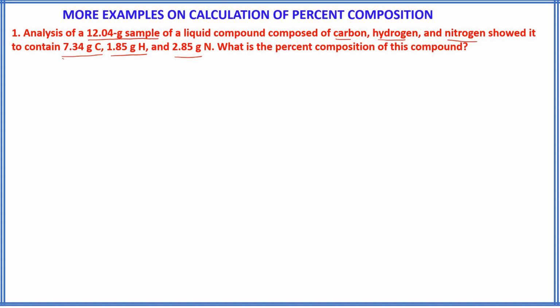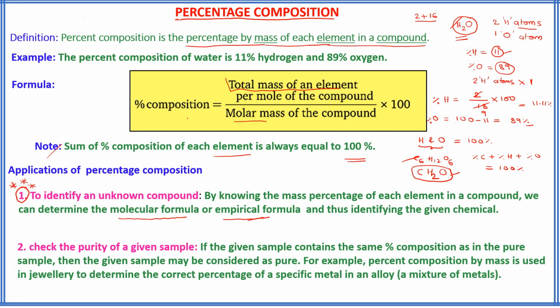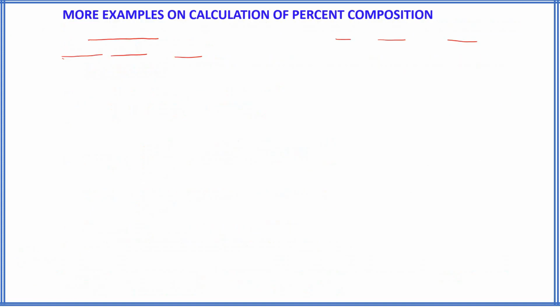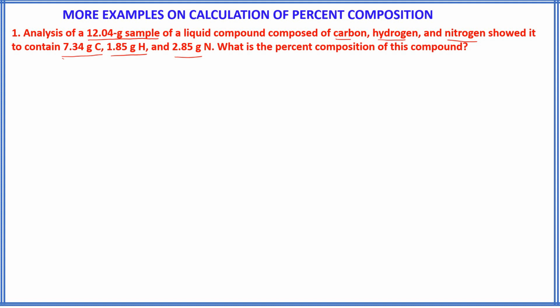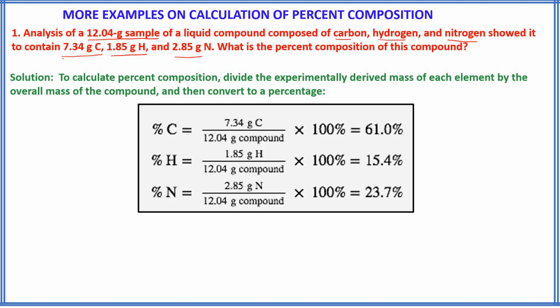Simply they gave the weight of the carbon in the sample, the weight of the hydrogen, and the weight of nitrogen. So we calculate the percentage composition using the total mass and the mass of that element.